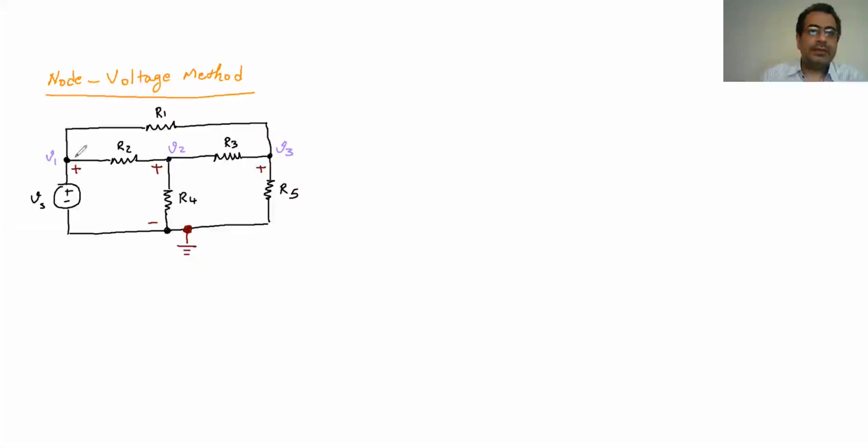Draw the currents. Assume all the currents at each node leave the node. So I draw it here: I assume the current here leaves the node. There are 3 currents leaving this node, and here there would be 3 currents leaving this node like that. Let me put them all on one side so it's going to be easier.